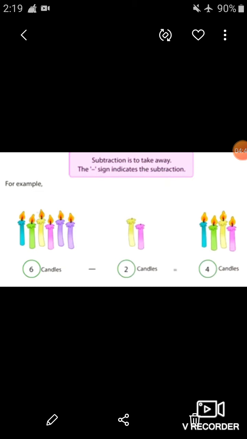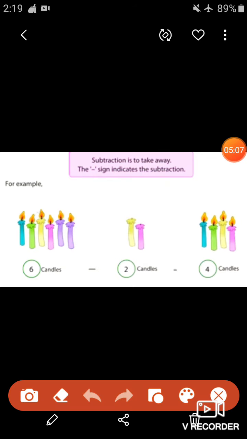Now students, let's discuss subtraction. So do you know about subtraction? What is subtraction? Yes, subtraction is to take away. The minus sign indicates the subtraction.